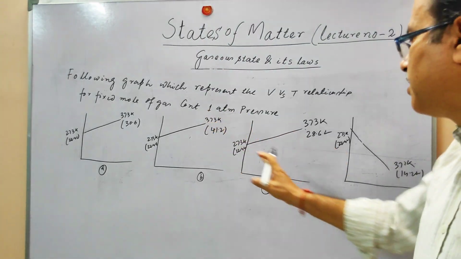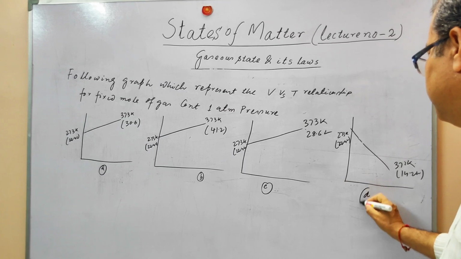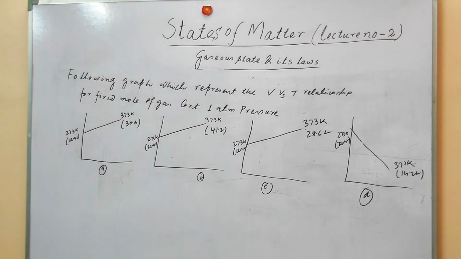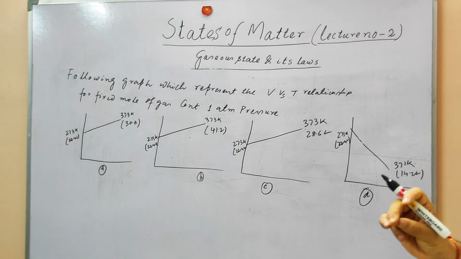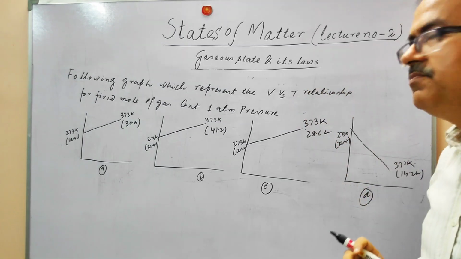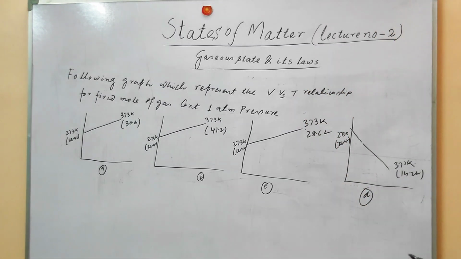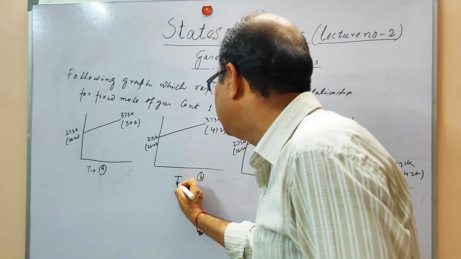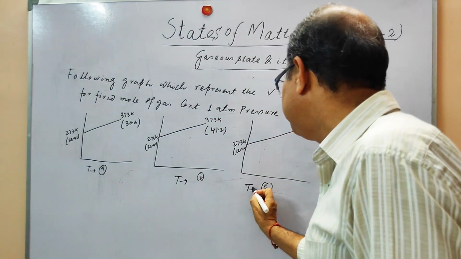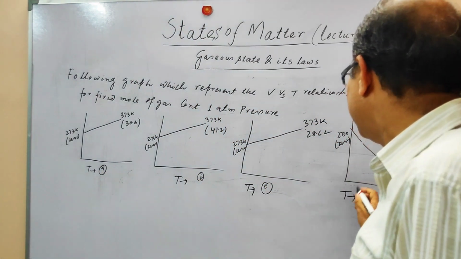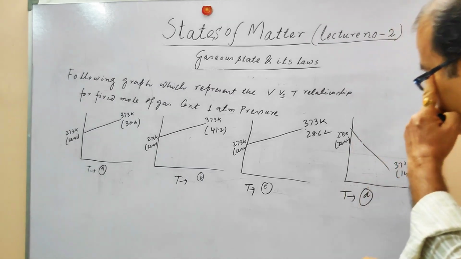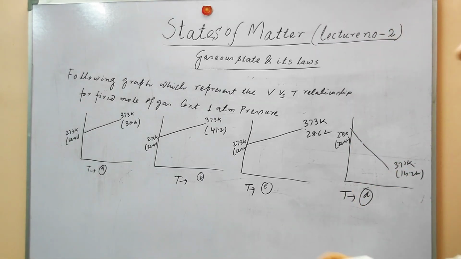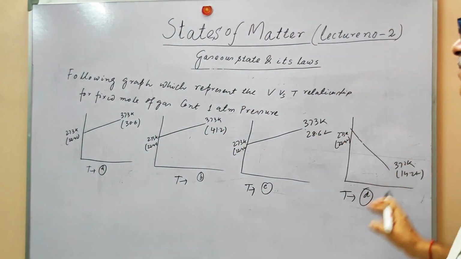These are the 4 graphs we have plotted, and you have to say which is the correct representation of the volume versus temperature graph. This is temperature, and here it is giving the volume. Which is the correct graph?